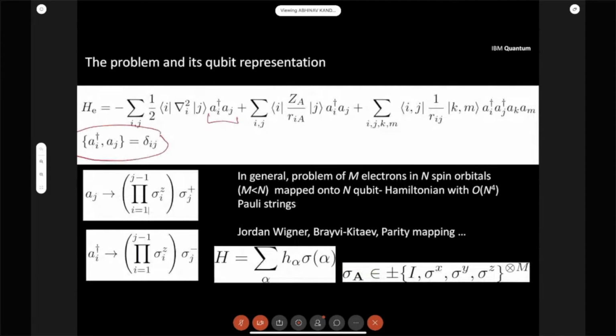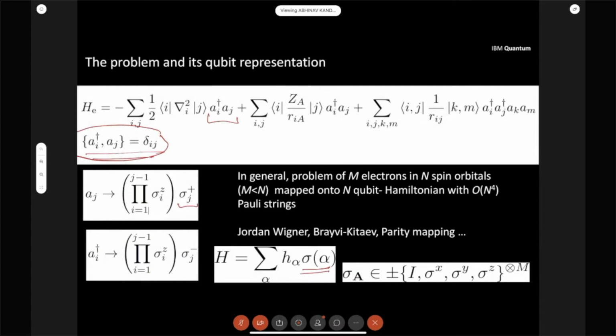And these sets of commutation relations are different from the rules that qubits follow, so we need to transform this fermionic Hamiltonian into a qubit Hamiltonian, one that's expressed in terms of Pauli operators. Okay, so this fermionic Hamiltonian needs to be mapped into a Hamiltonian that can be expressed as a linear combination of multi-qubit Pauli strings.